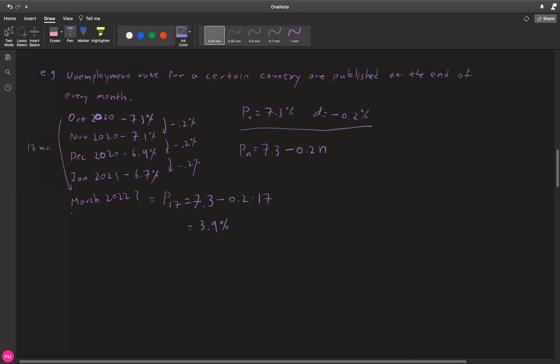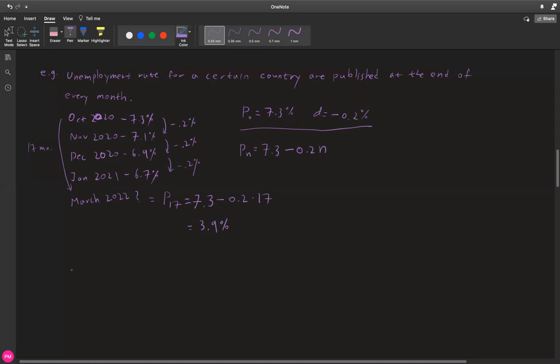So this implies that in March 2022, even though we are not there yet, we can predict that the unemployment rate in this country will be 3.9% by the modeling of the linear sequence. There is no such thing as zero unemployment in real life, but let's say there is.